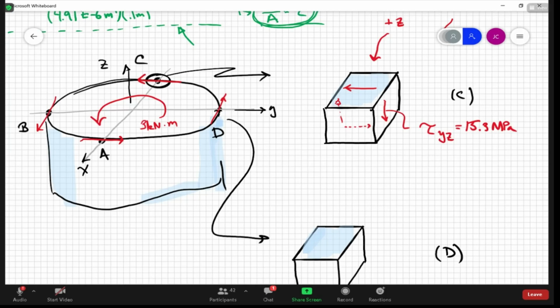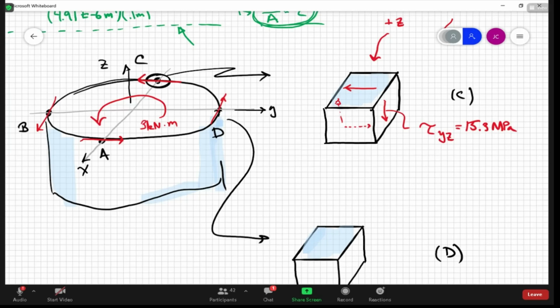Only two answers. Should it go in the positive Y direction or the negative Y direction? It's clearly not going to go in the X direction. Otherwise, it would be a ZX stress. On a positive face, the traction acts in a positive direction, right?